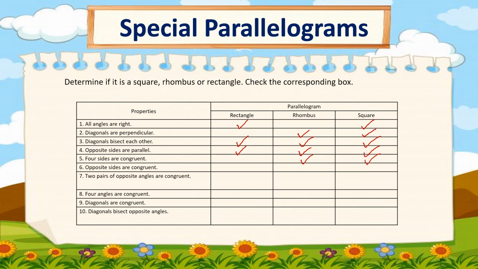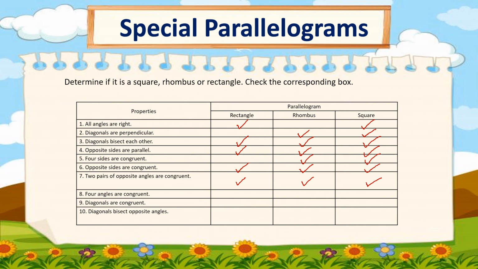Number 6, opposite sides are congruent. This is true to all of them, rectangle, rhombus, and square. Number 7, 2 pairs of opposite angles are congruent. This is also true to all of them, rectangle, rhombus, and square.